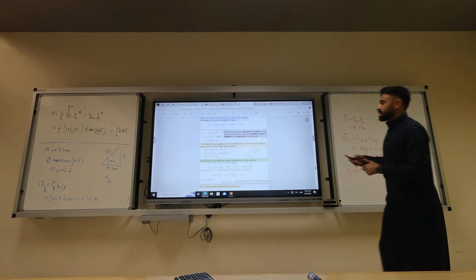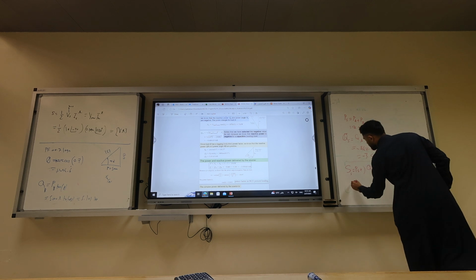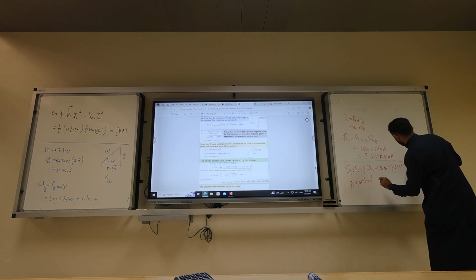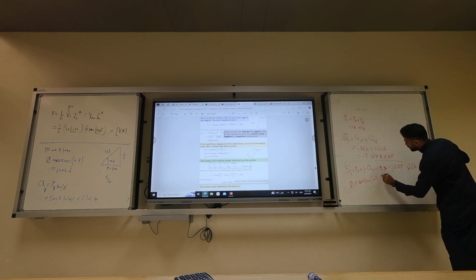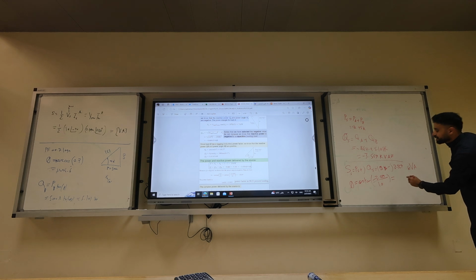From that, I can calculate the angle of the source, which is theta, which is arc tan of minus 3.559 over 10. If you do this by the calculator, you'll get minus 19.59.